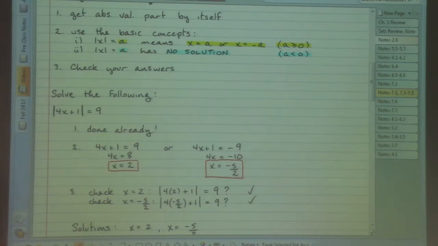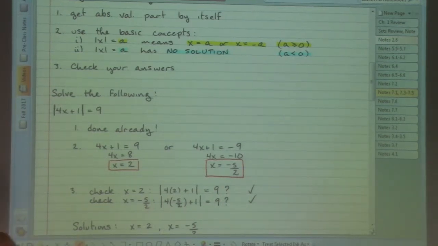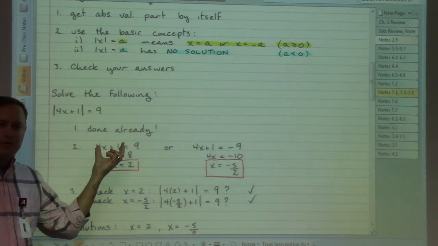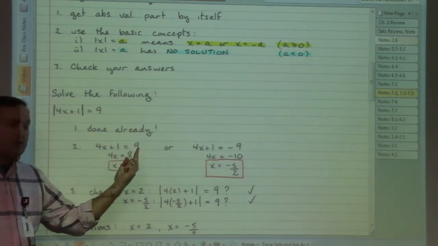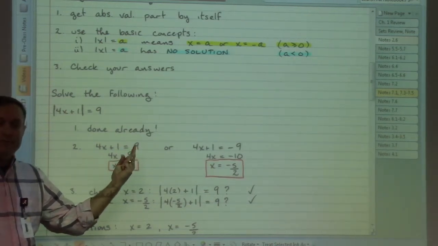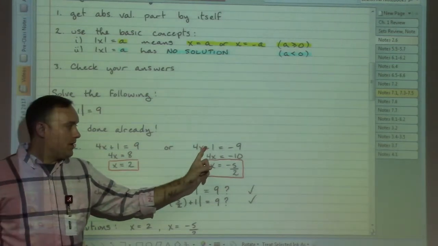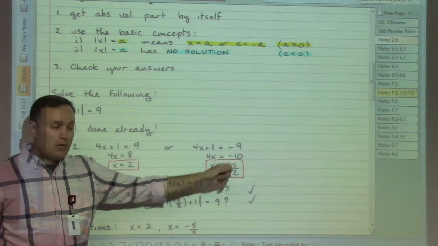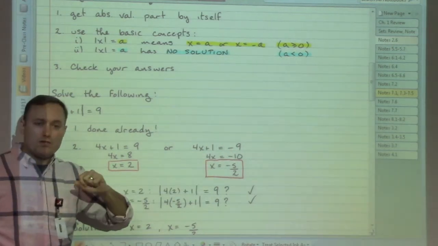That means that I have to worry about two different possible equations. What's inside the absolute value bars is a 4x plus 1, and that could have already started as a positive 9, or that 4x plus 1 could have started out as the math criminal negative 9. For each of those cases, I would want to solve.